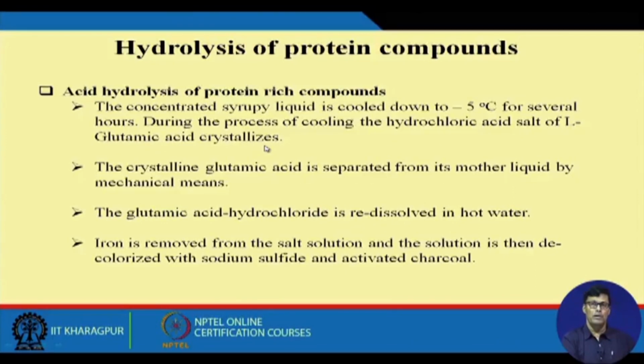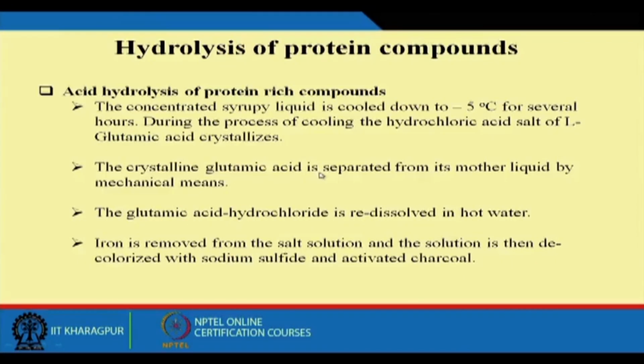We have already seen in the citric acid fermentation process also, as the temperature reduces, the citric acid crystals are separated out. Here also it is similar to that. When you make a concentrated solution of this hydrolyzed material and cool it down to -5 degrees centigrade, then crystals of glutamic acid hydrochloride will be crystallized out.